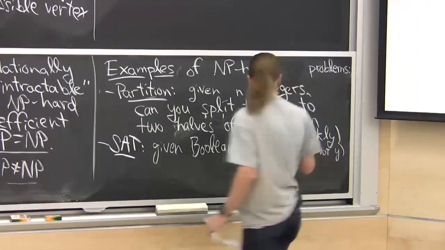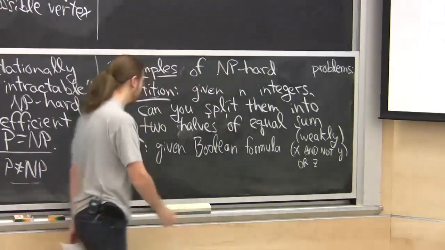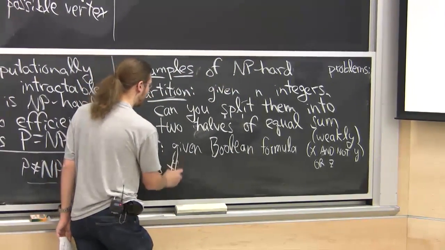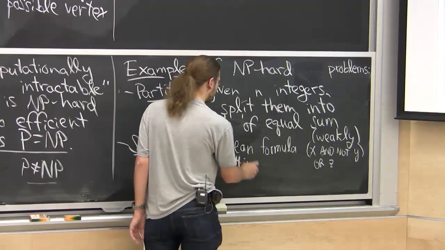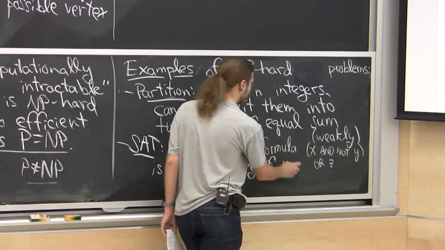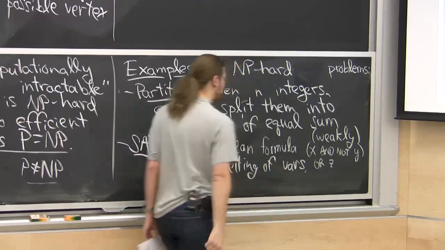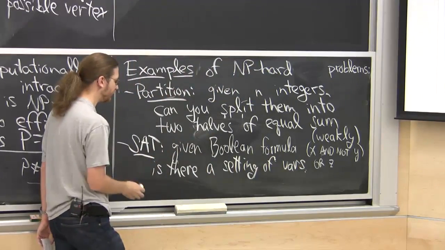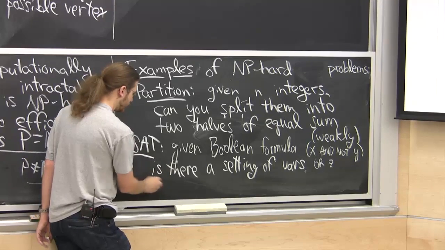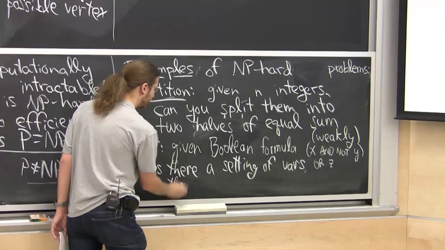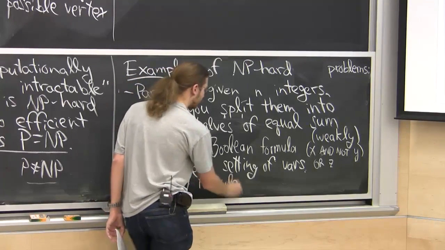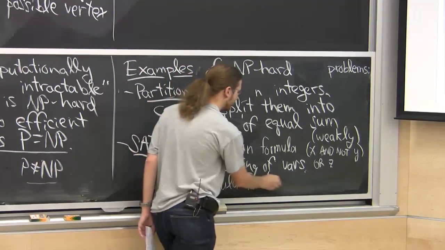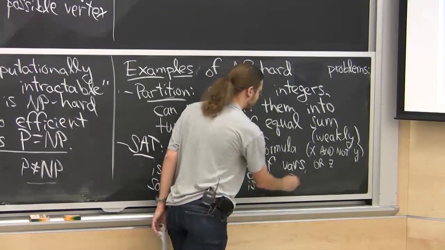And you want to know, can I make that formula true? Is there some setting to the variables x, y, and z, or in general there's n variables, so that the formula is true? So we'd say the formula is satisfied.